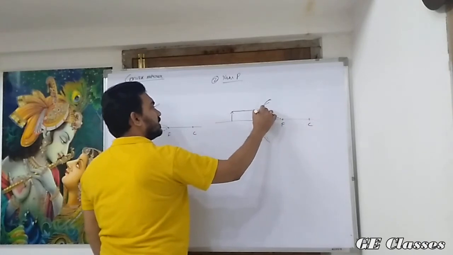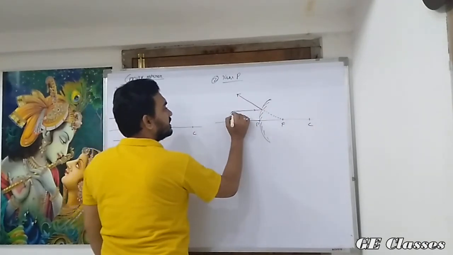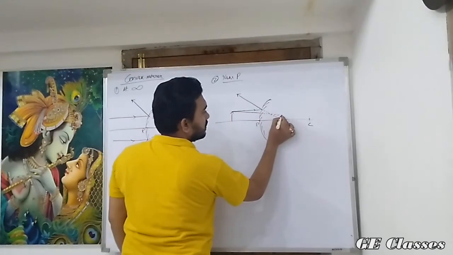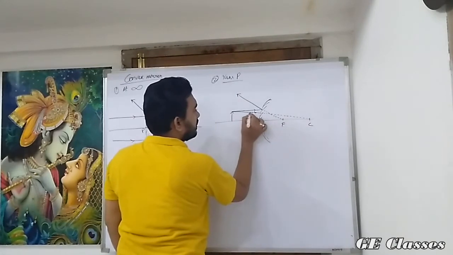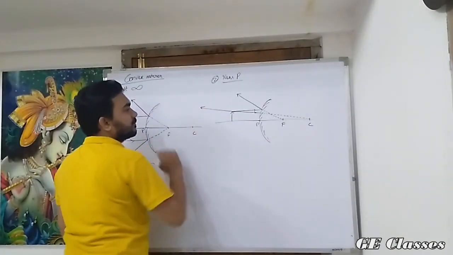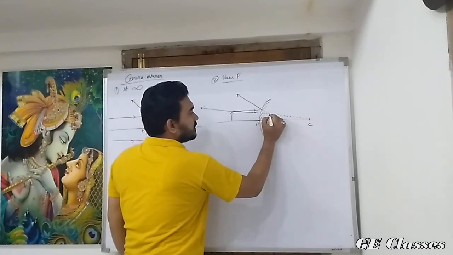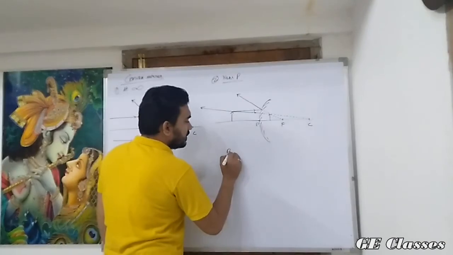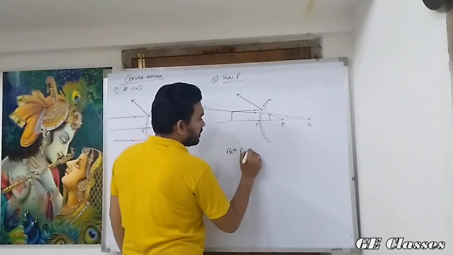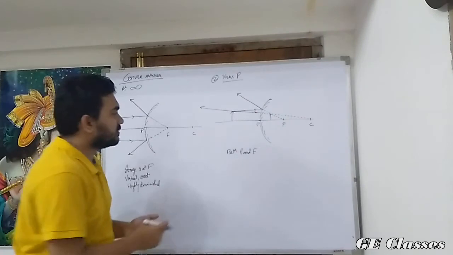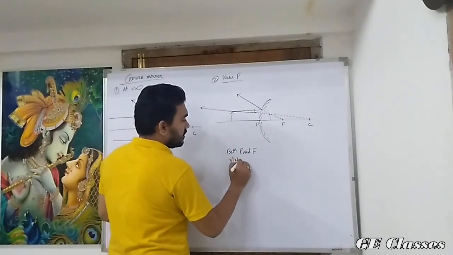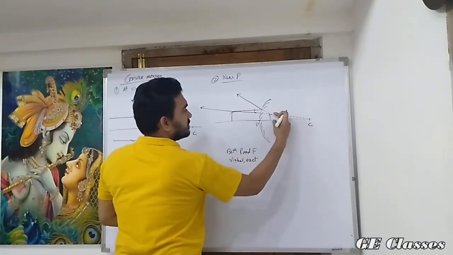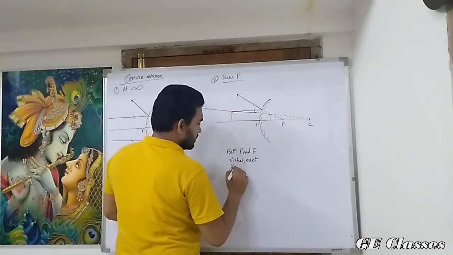It's going to align and reflect out, while the other will align along the center of curvature and then retrace back. So the object forms an image behind the mirror between P and F, and this is also a virtual image. You can see it's erect, and see the size of the object and the size of the image, it's a bit diminished.